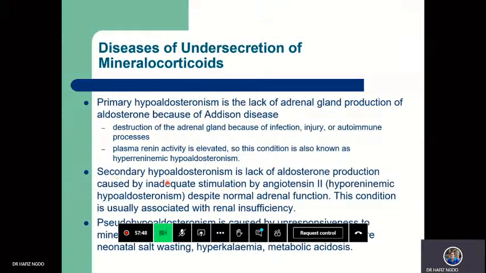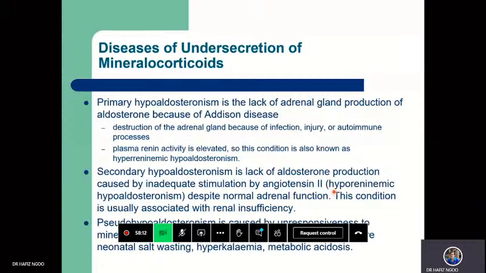And then you have secondary hypoaldosteronism. There's a lack of aldosterone production, inadequately stimulated by angiotensin 2 despite normal renal function, and it is usually associated with renal insufficiency. I mean, there's something wrong with the kidney that can affect angiotensin 2 secretion.